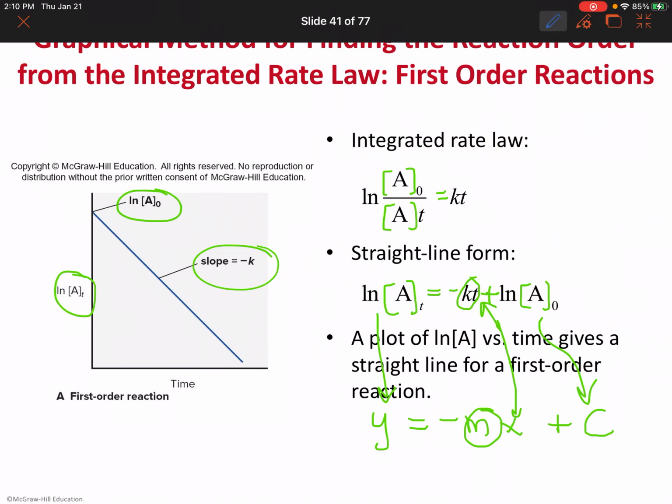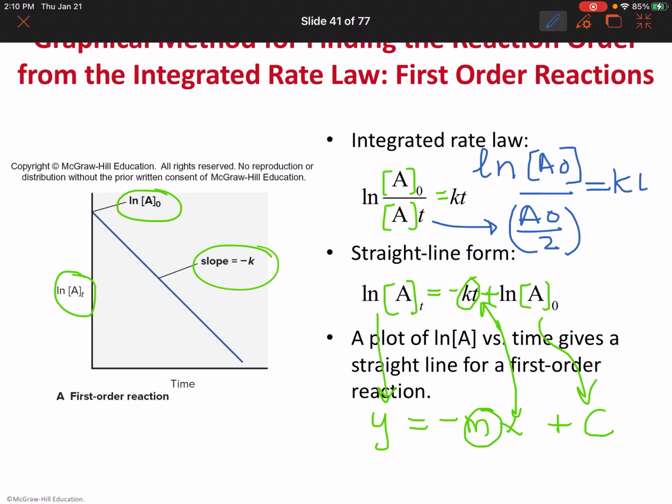We have ln A naught over At, and if the concentration is going to be half, At is A naught over 2. That happens at T half, right?